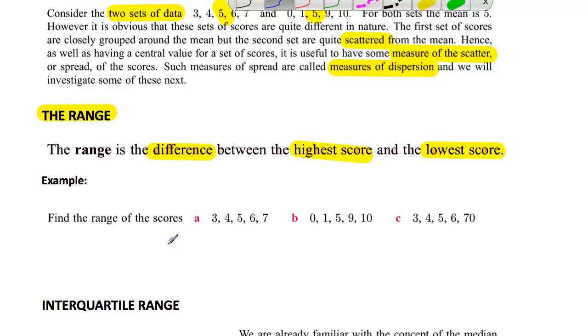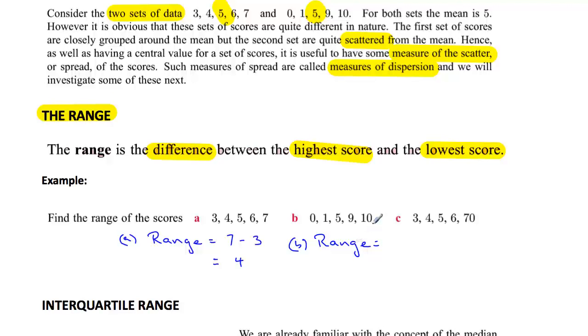The important thing to notice is that you must always make sure that you've got your numbers either in order, or make sure that you do take the highest score and the lowest score, and you don't miss out on those. So there's our range in this case of 4. And as you can see, for all of these ones, they're very straightforward.